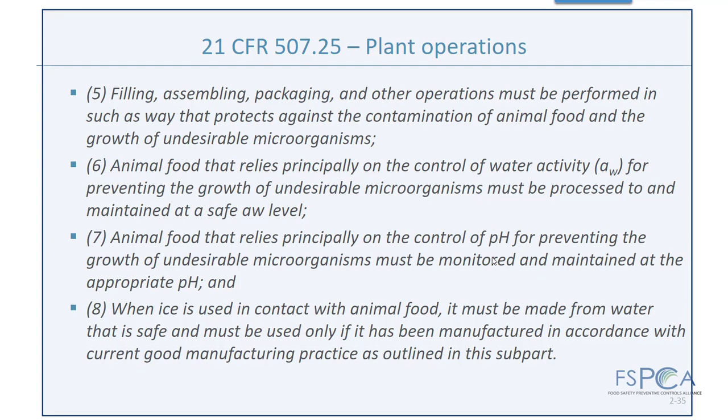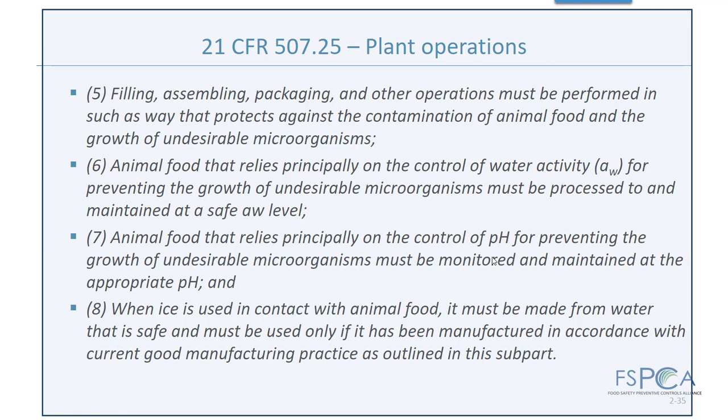And the idea behind controlling it is that microorganisms need a certain level of moisture in order to grow and thrive and reproduce. So if we're dealing with dry ingredients and we can keep that water activity level down below the level needed for microorganisms, then that's a good method of controlling them. And sometimes our only method of controlling them.